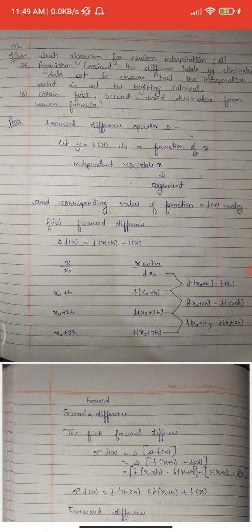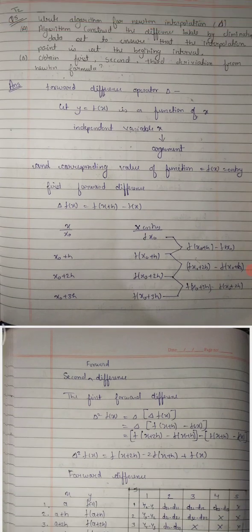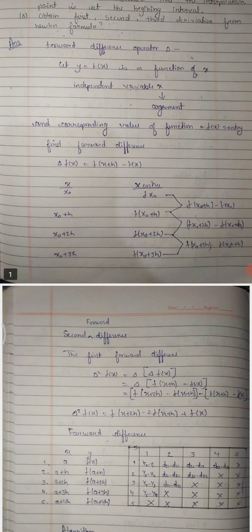Find the forward difference: delta f of x equals f of x plus h minus f of x. So we have x naught and here the entry f of x naught. Then x plus h, the corresponding value will be f of x naught plus h, then x naught plus 2h with the corresponding value f of x naught plus 2h, then x naught plus 3h with the corresponding value f of x naught plus 3h.